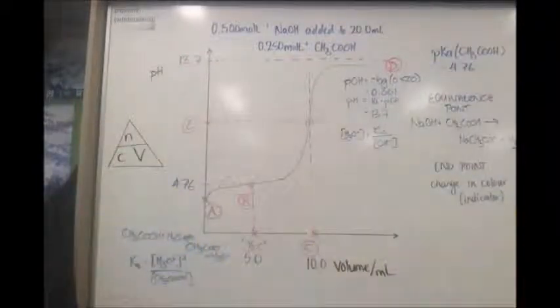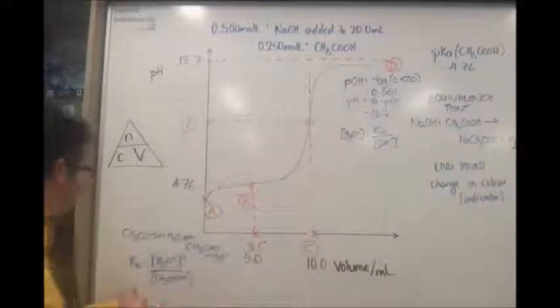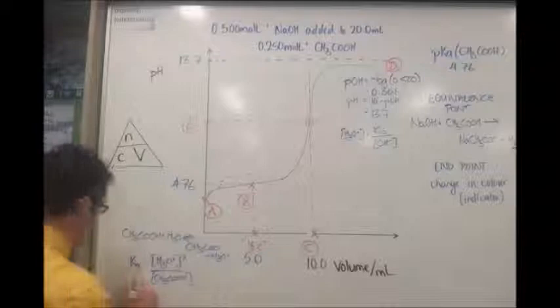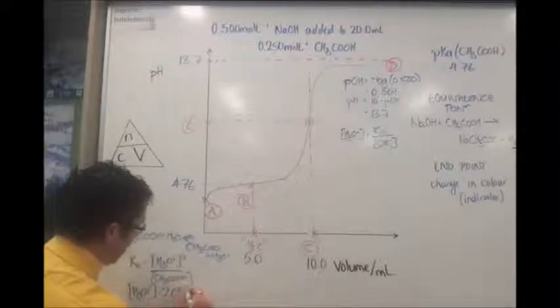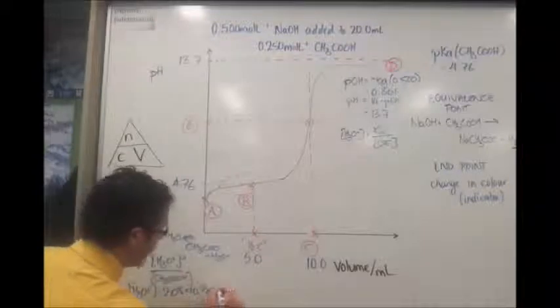So I'm going to do that quickly, and I get 2.08 times 10 to the negative 3. So my concentration of hydronium, hope that's on video, is 2.08 times 10 to the negative 3 moles per litre.